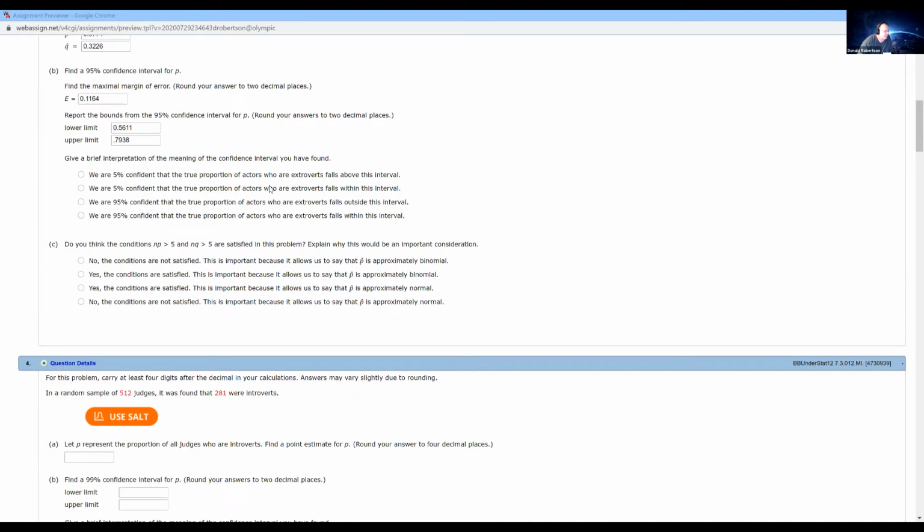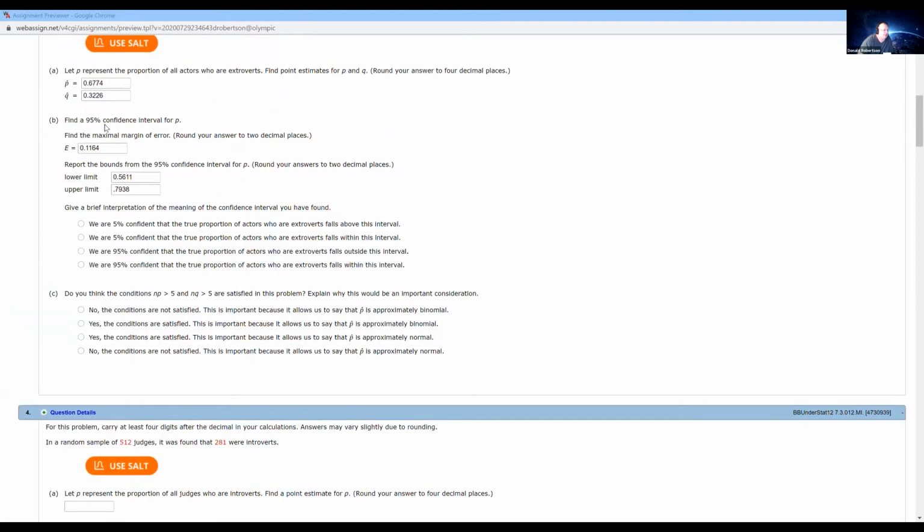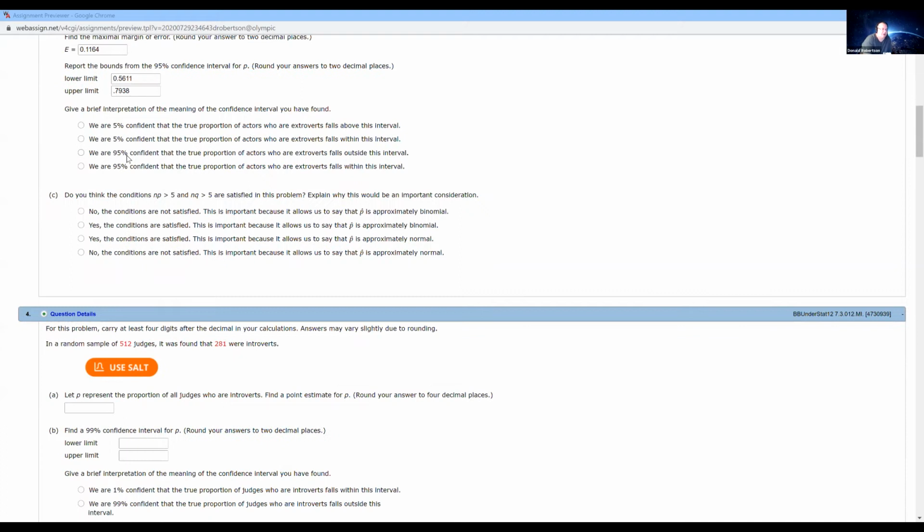And then we got a couple, they like to chuck a couple of multiple choice things here. Give a brief interpretation of the meaning of a confidence interval. By the way, this was a 95% confidence interval, right? So we are 5% confident that the... no, I don't care about the 5%, so would you agree it's something to do with 95%?